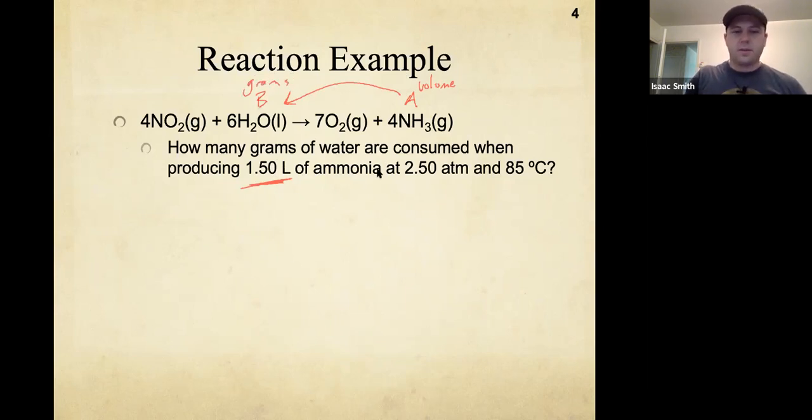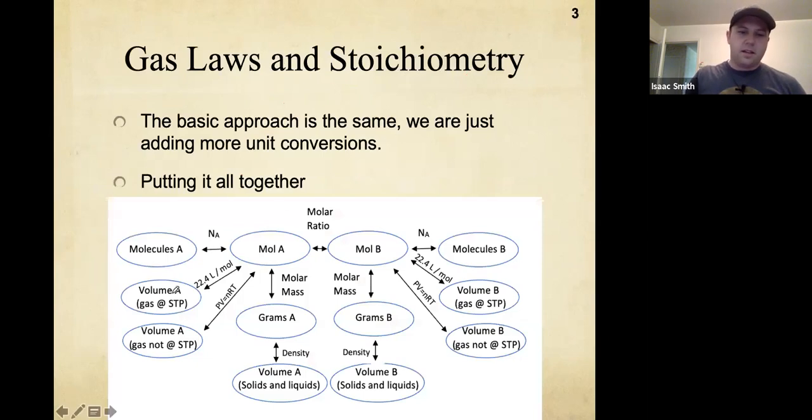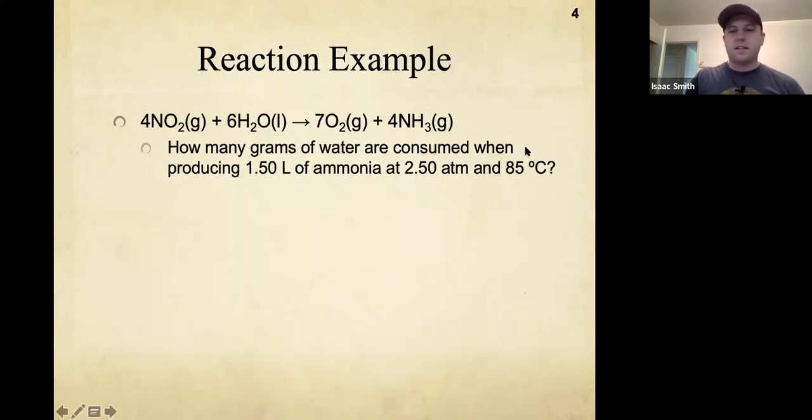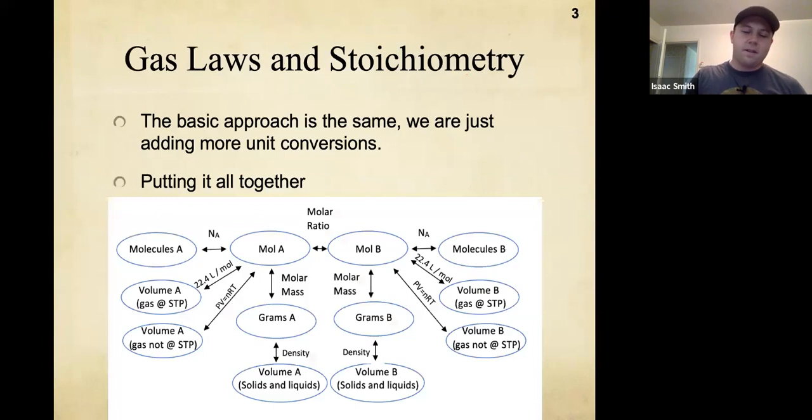This tells us that we're at 2.5 atmospheres and 85 degrees Celsius, which is not standard temperature and pressure. So we have the volume of a gas not at standard temperature and pressure, and we need to get over to grams of B.